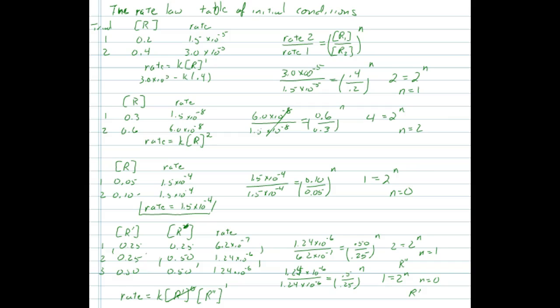So again, you plug in data from up here, any of them, and it should come up with the same answer to solve for k. So you just got to pair up. The difficult part about this lesson is finding pairs where one thing holds constant and the other thing changes. That ends this lesson.